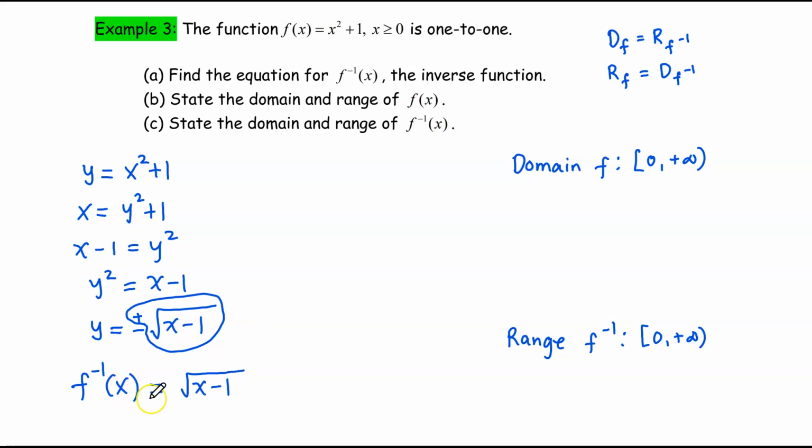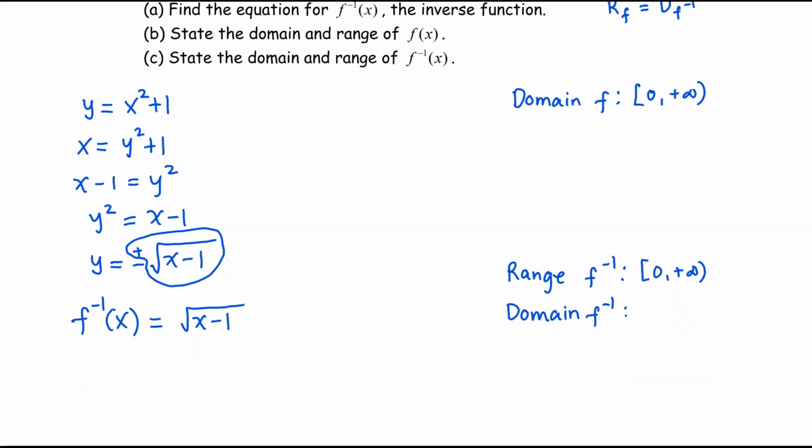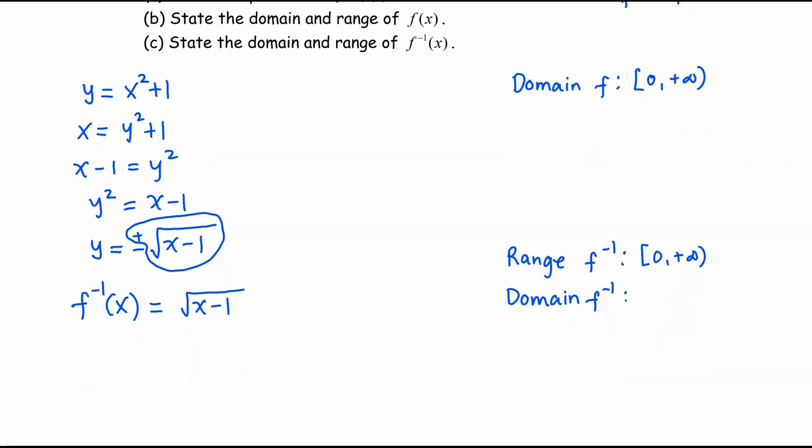Okay, then we get the domain. So let's get the domain of f inverse. For the domain of f inverse, we recall that since this is a square root function, this would only be defined when x minus 1, the expression inside the square root, is greater than or equal to 0.